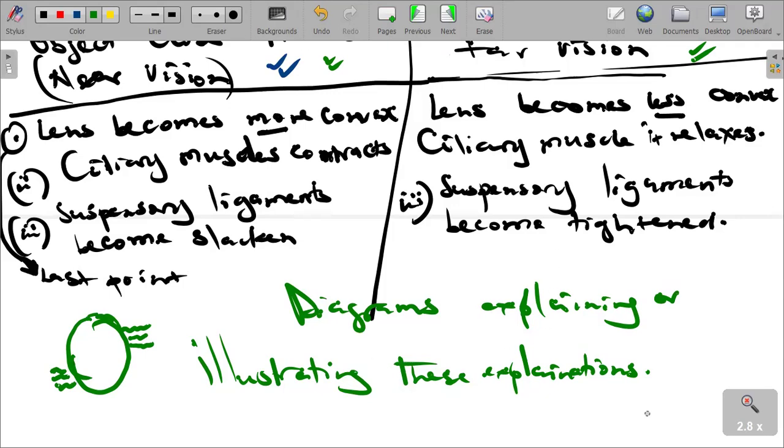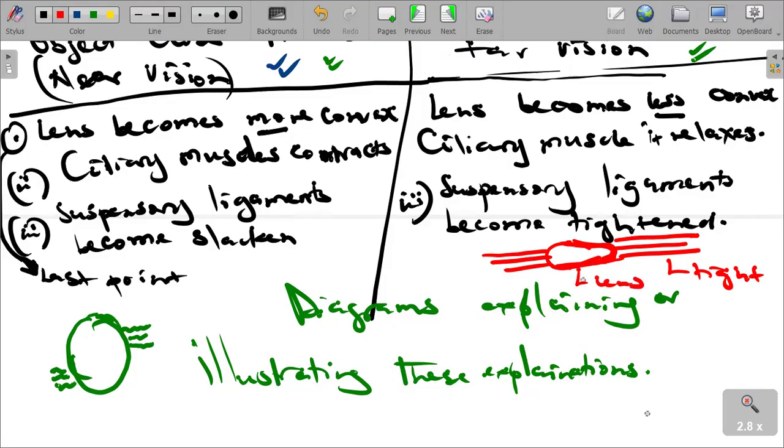That is it. And then when we are talking about the opposite, which is far vision, you shall see a pulled diagram like that. You can see the ligaments are tight, and the lens is less convex. This is the lens, and you can see it's less convex, and we have tight suspensory ligaments.